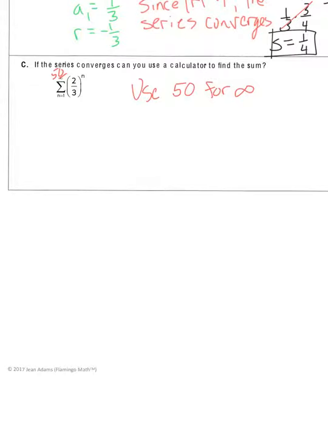When you do, you should get the sum is approximately equal to 1.999, and then if you use 100 as I suggested for infinity, your sum is going to equal 2. So the bigger the number is, the closer you're getting to 2. So our sum should be 2.